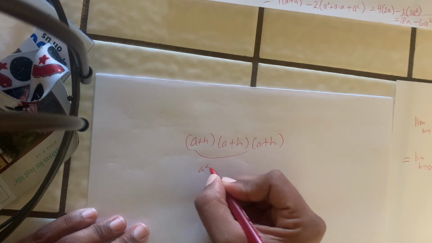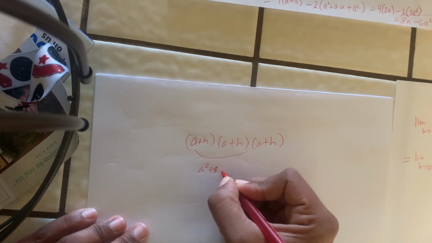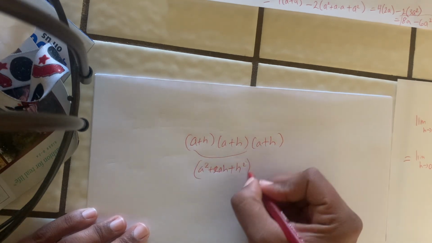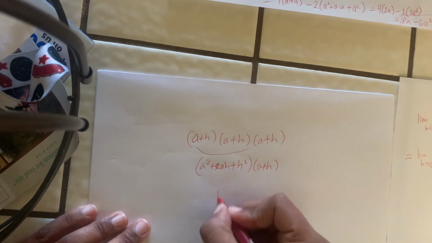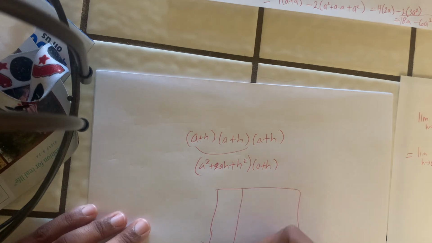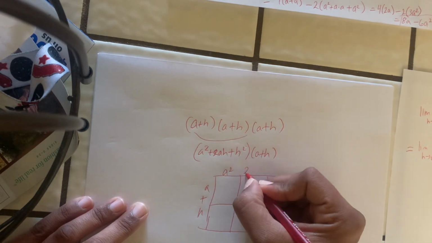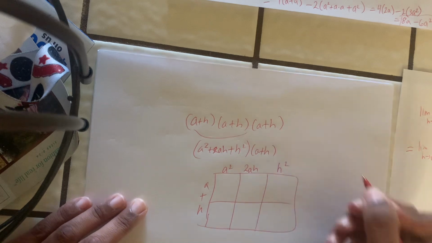These two together make a squared plus 2ah plus h squared. Now I need to multiply this one by this one. I'm going to use a box just to keep things organized. So we have a plus h, a squared, 2ah, and h squared.